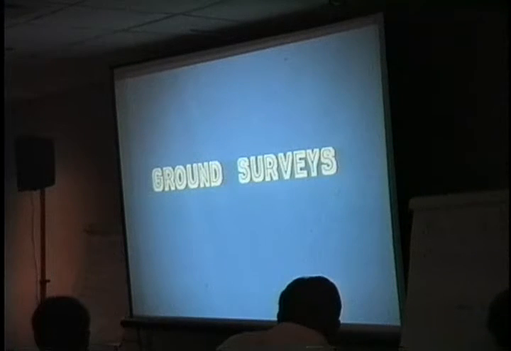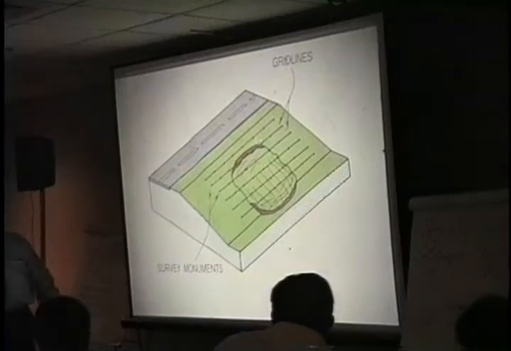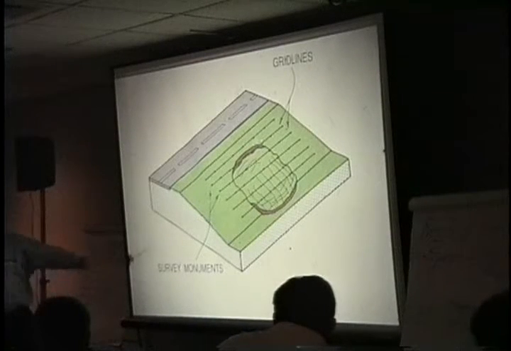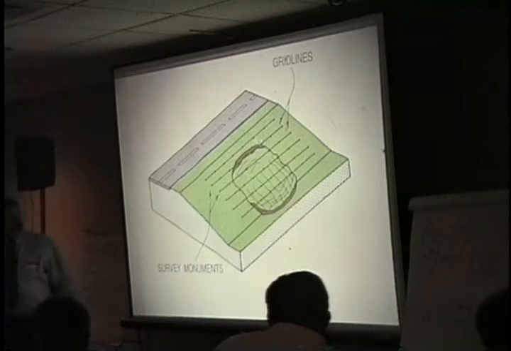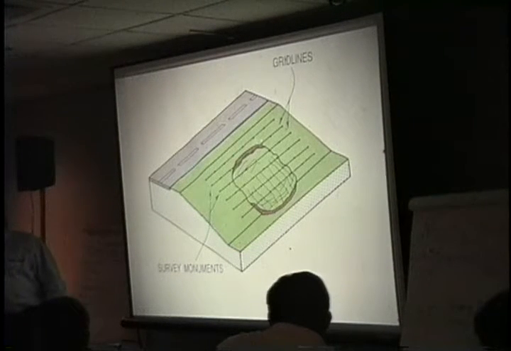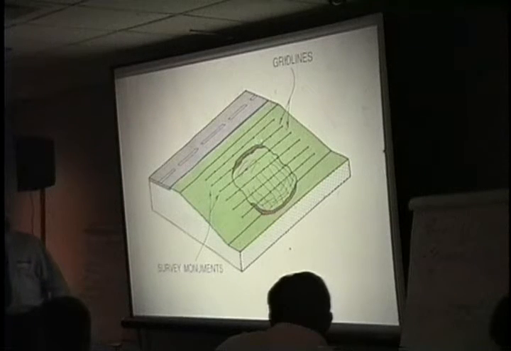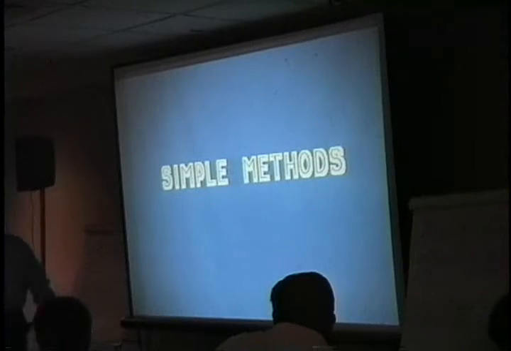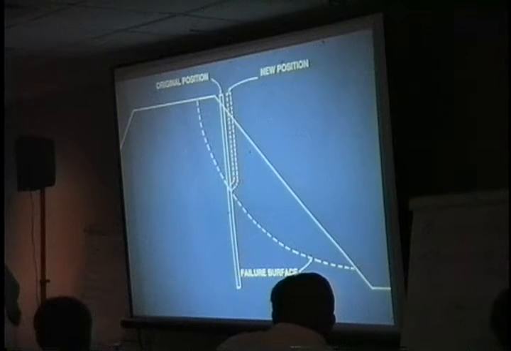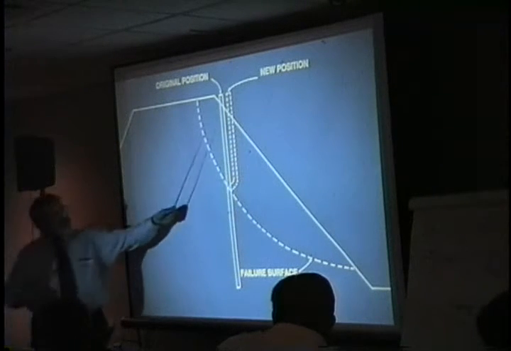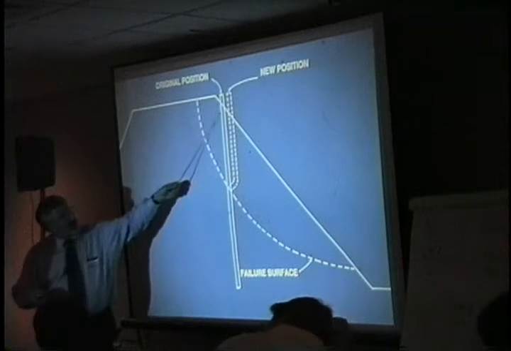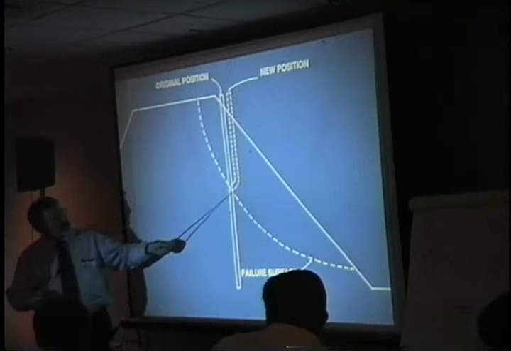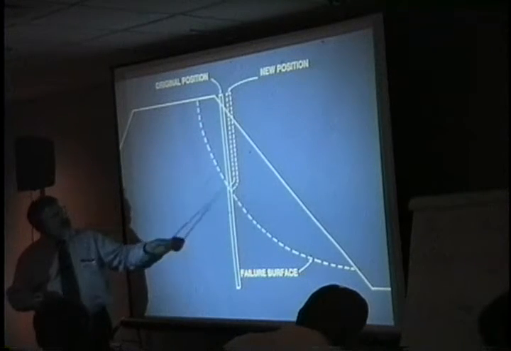I'm certainly not suggesting that this be used on a maintenance thing, but these are just simple ways. Frankly, I like this a heck of a lot better because it's cheap and easy. Just put a couple of lines of stakes and you're more likely going to see it move just like the guardrail. Slope inclinometer, like I say, if you see the little torpedo reading, this tells us here's the failure surface.